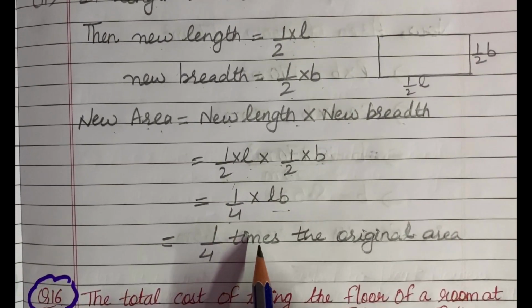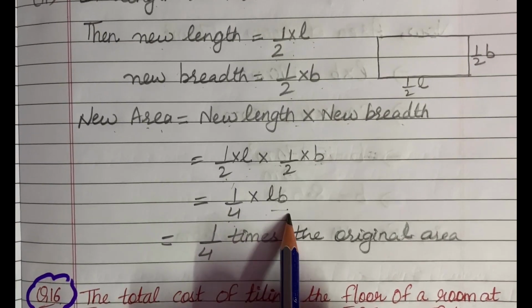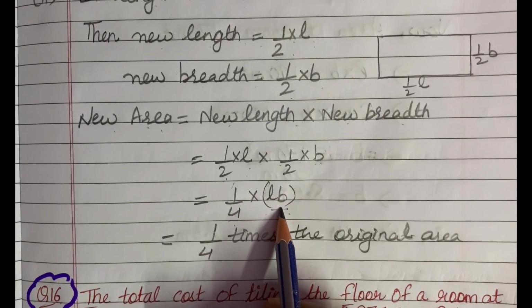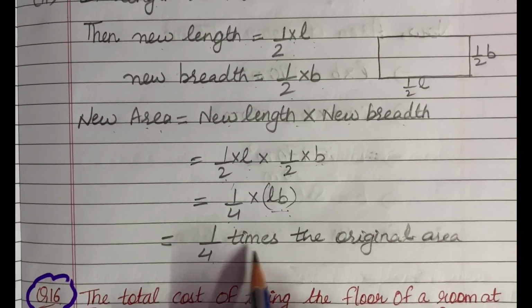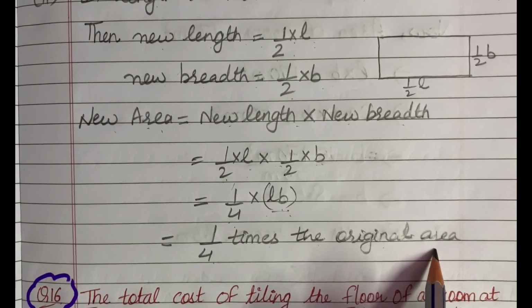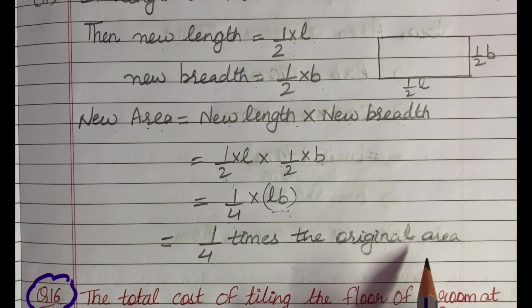So this means 1 by 4 times LB, and LB is nothing but the original area. So we will get our answer as 1 by 4 times the original area. Hopefully it is clear to you.